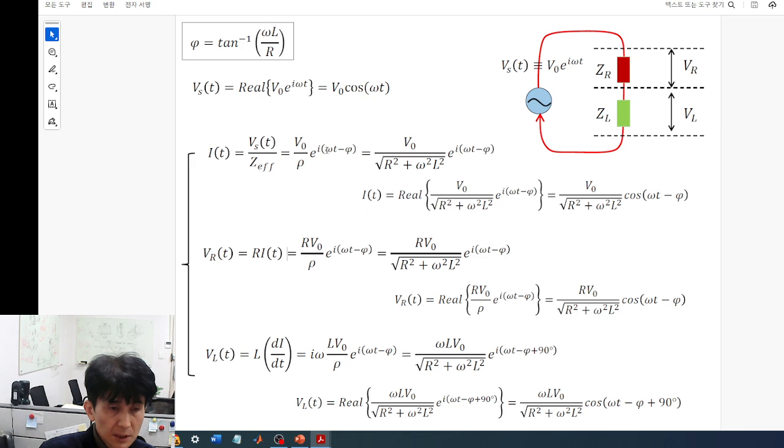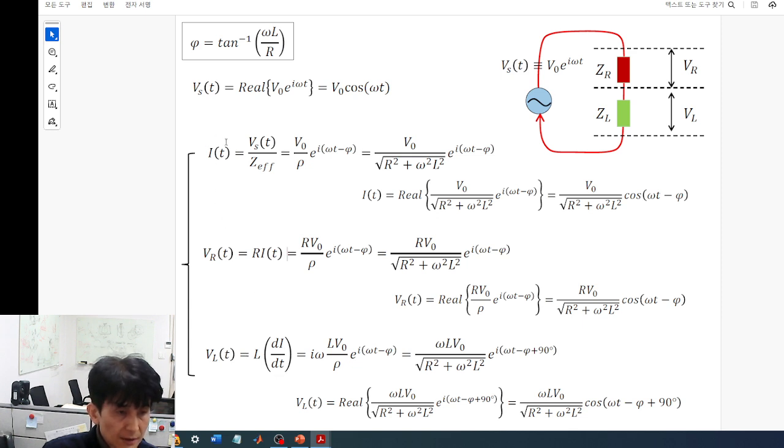V0 over rho exponential i omega t minus phi. That's the I(t) here. I(t) is replaced with this expression, then we have R times V0 over rho exponential i omega t minus phi. That's the voltage across the resistor. The voltage across the inductor, VL, is L di over dt.